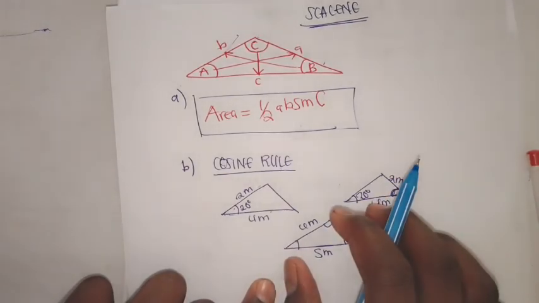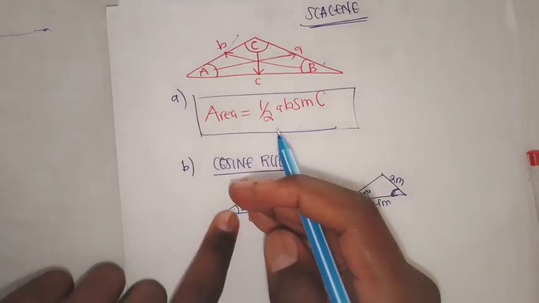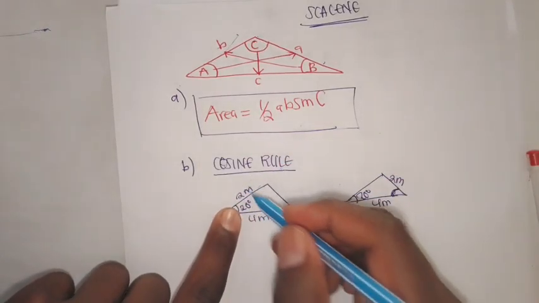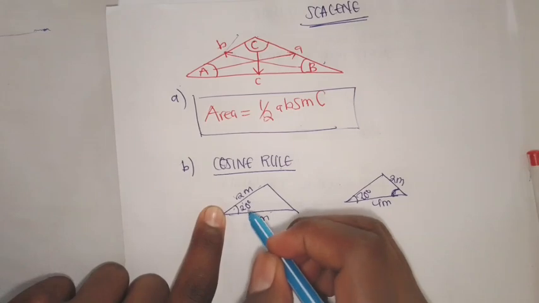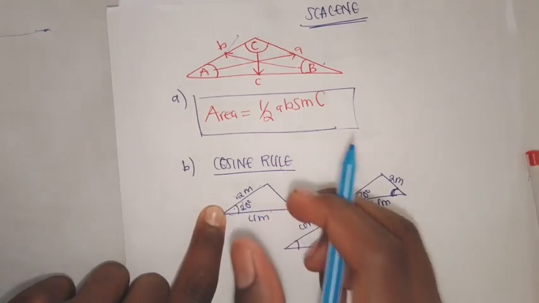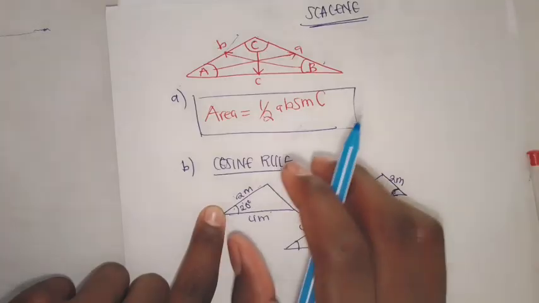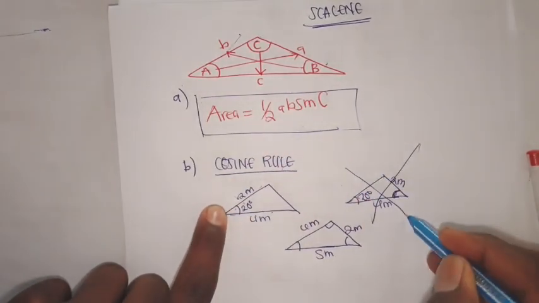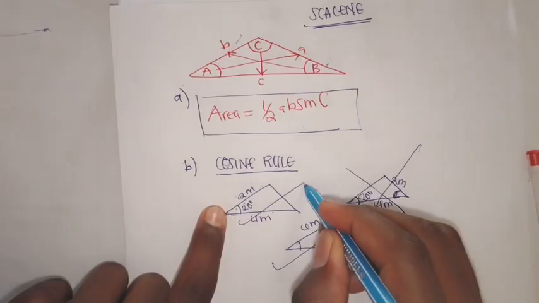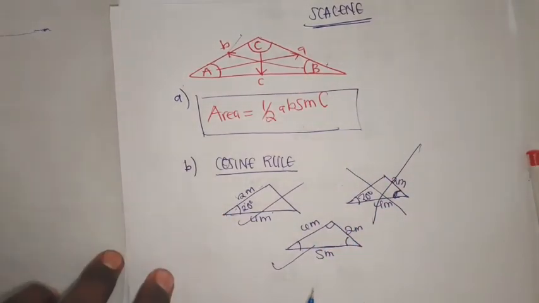If you open the paper and you see a triangle with two sides given and the angle between those given sides is given, just start thinking of cosine rule. Let's now talk about the next one, the sine rule.